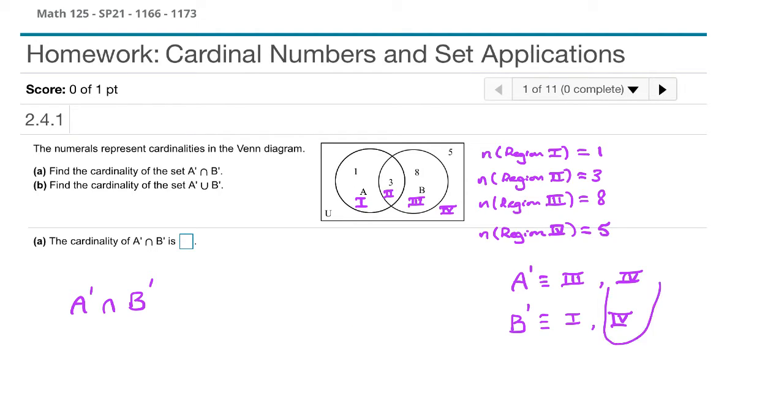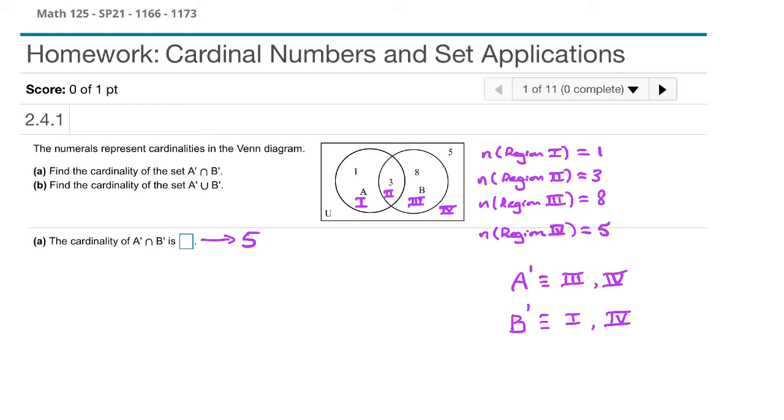Well, the only region that is in common is region 4. So this will be only region 4. So the cardinality of region 4 only has 5 elements in it. And so the cardinality of the set A prime intersect B prime is going to be 5 elements.